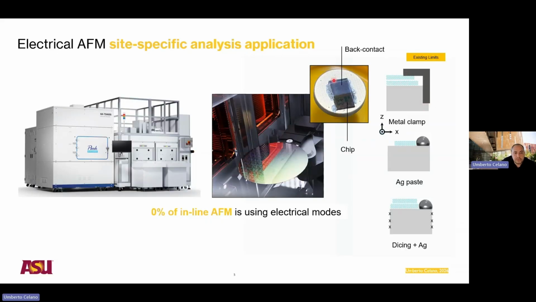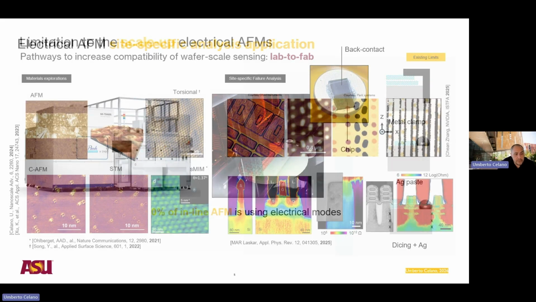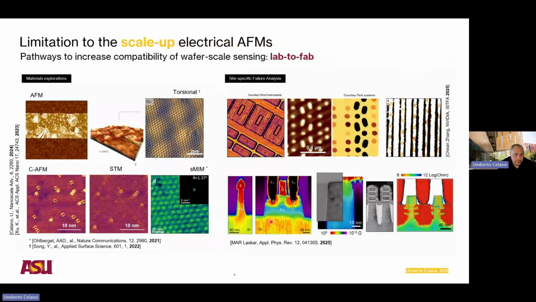It doesn't really matter, but you need to have a sort of ohmic contact to collect charges, because these experiments, most of the time, are based on two-probe experiments. You apply a bias between tip and sample, and you are capable of collecting tip-sample junction properties, whether resistance, capacitance, current, you name it.